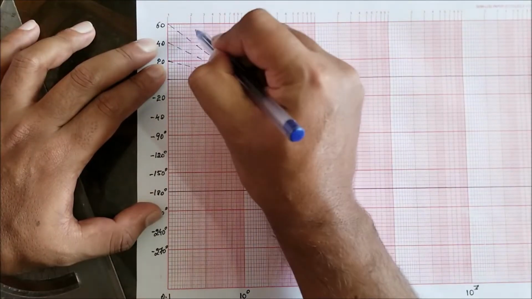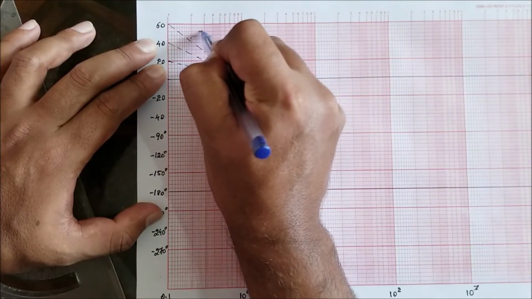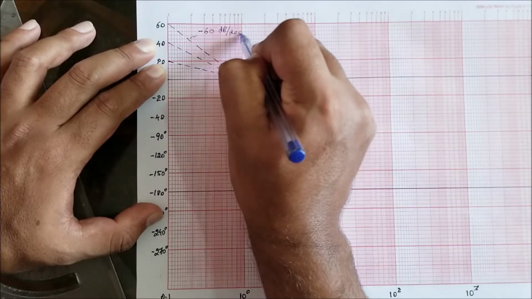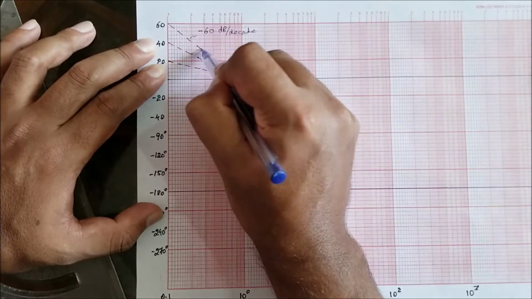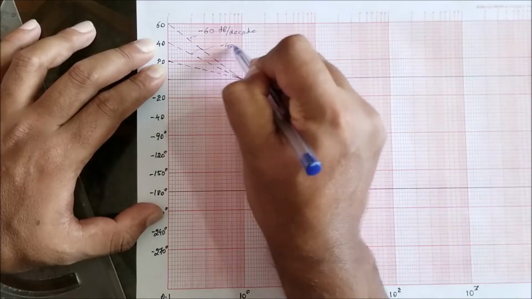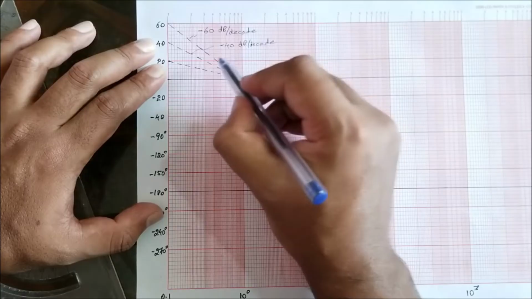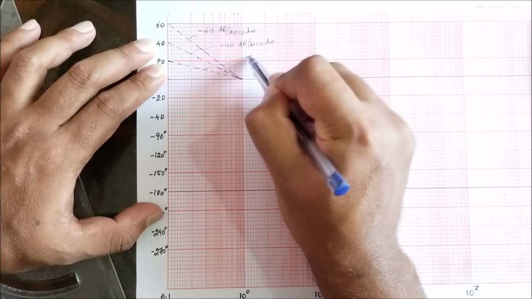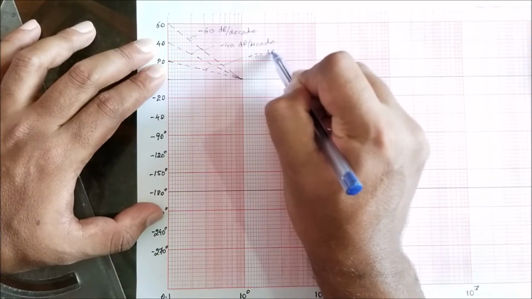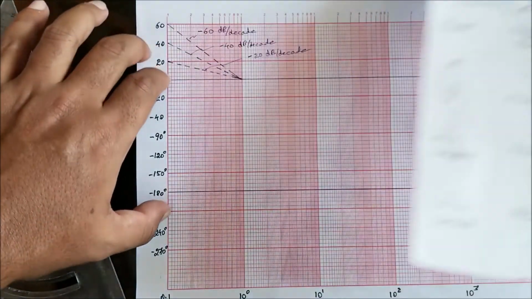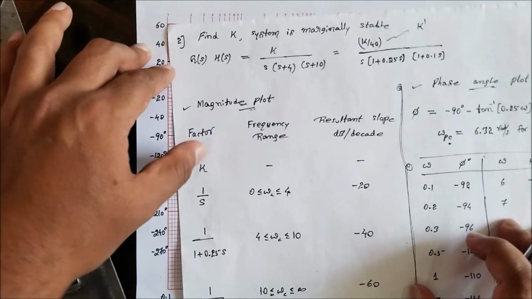These are slopes of minus 60 decibel per decade. This is minus 40 decibel per decade, and this is minus 20 decibel per decade. Done.